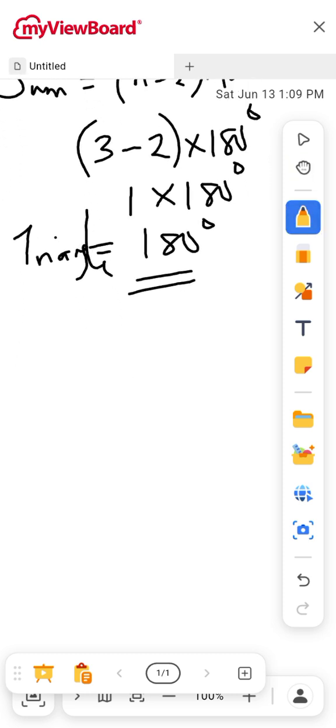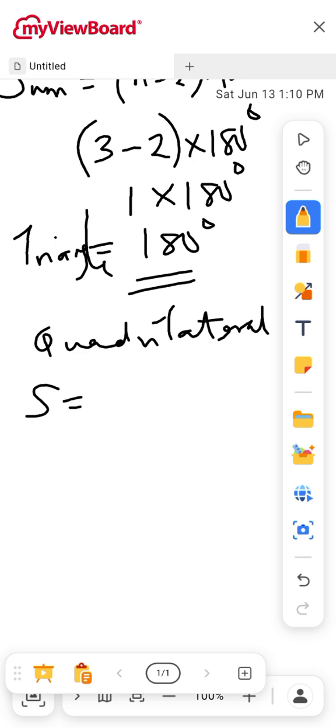Let us see some other polygons. Let us see a quadrilateral, which is four-sided. Why did they say the sum of angles in a rectangle or a square is 360? Let us check. The sum of interior angles is given as open bracket n minus 2 times 180 degrees. For a quadrilateral, the number of sides is 4.